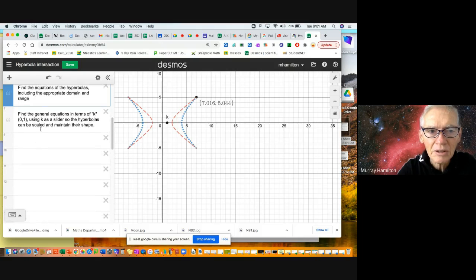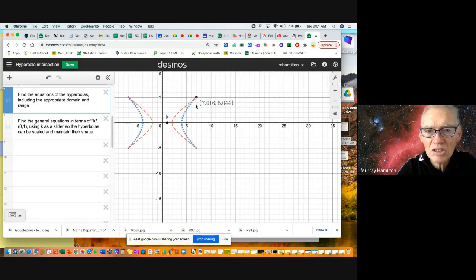This is going to be similar to some of the things that you're asked to do. So let's find the equations of these red and blue hyperbolas that will meet at that point. And I'm going to show you some good quick tips on how to do this.